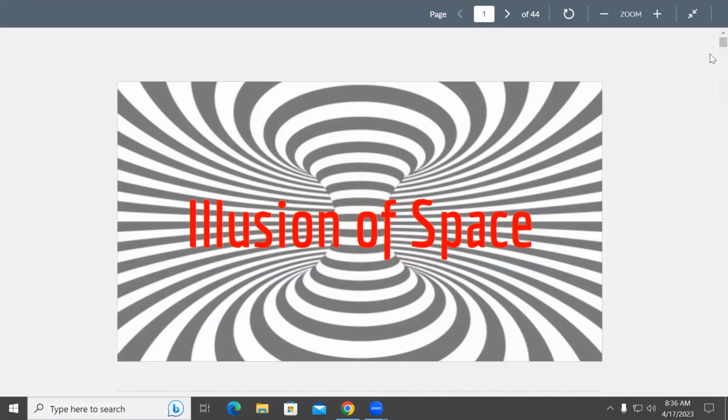Okay, so the illusion of space is about how you represent the 3D objects that you find on a 2D surface. Most of you design 3D elements or objects, and when you represent them on a 2D surface, it's called the illusion of space.